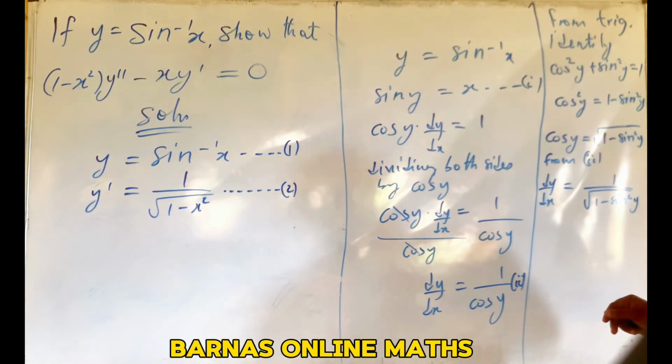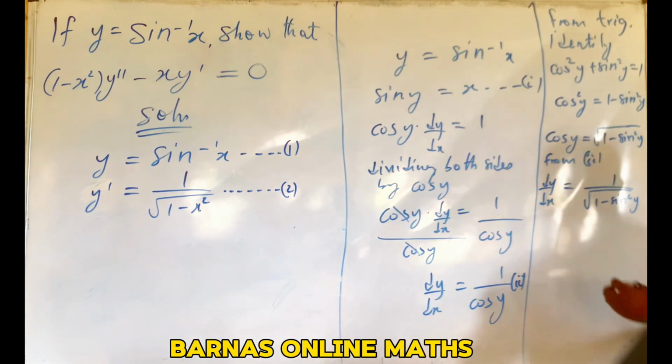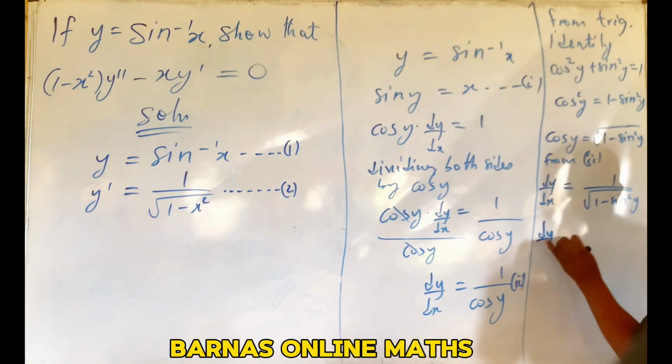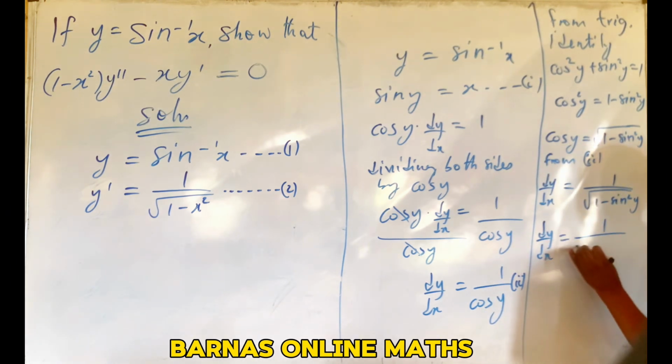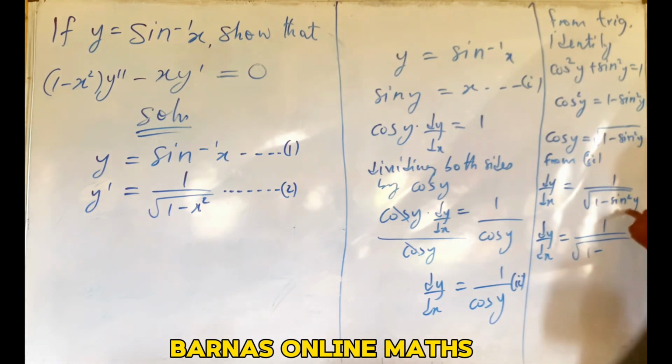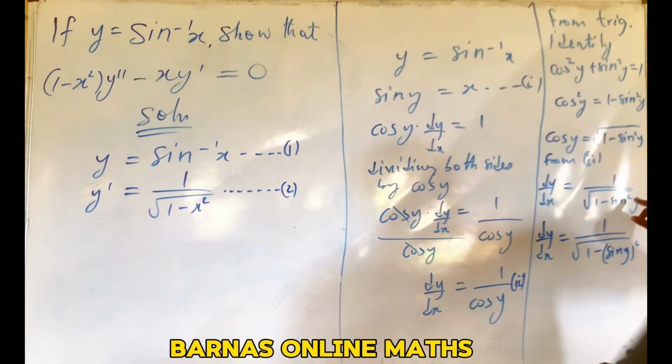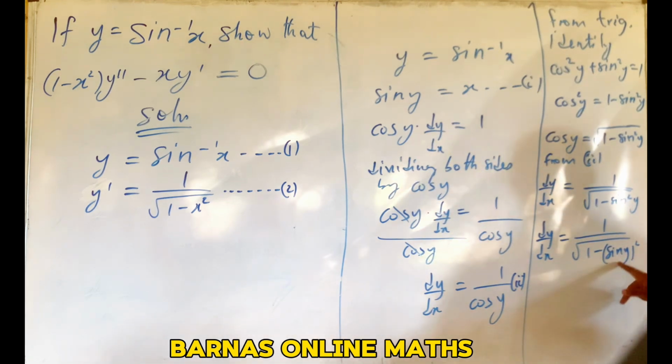So dy/dx is equal to 1 all upon the square root of 1 minus sin squared y, which is the same thing as sin y all squared.